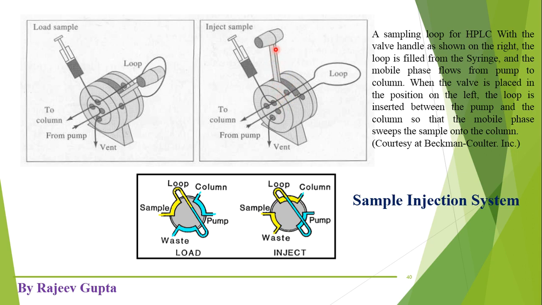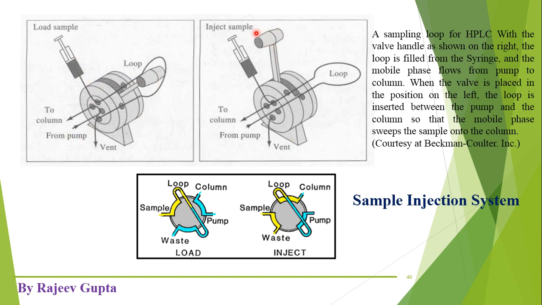When our handle is present at the right hand side in this first diagram, this is the switching valve, which is manually controlled by a handle, or it could be instrument controlled. So here this handle direction is right hand side, means the sample loop is not connected with the main stream of the mobile phase.